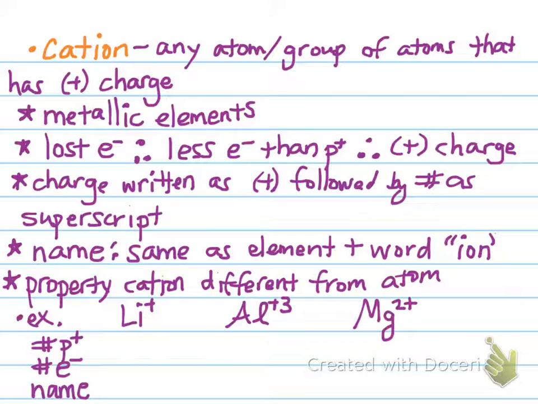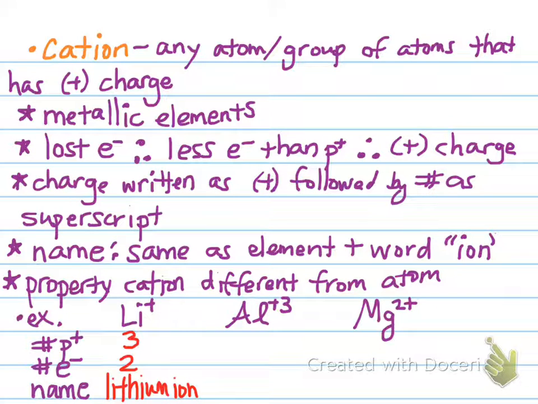So for lithium, lithium is atomic number 3, which means it has 3 protons. Now lithium has a +1 charge. That means it has lost 1 electron, so it only has 2 electrons. And its name as an ion would be lithium ion.